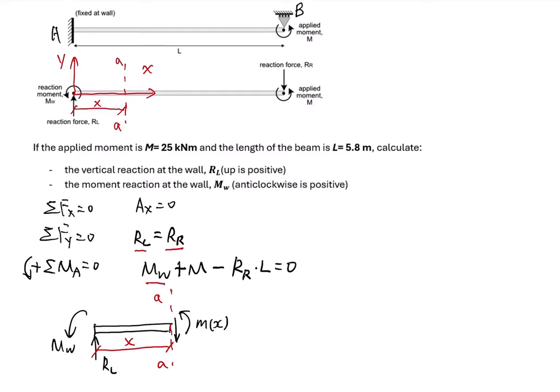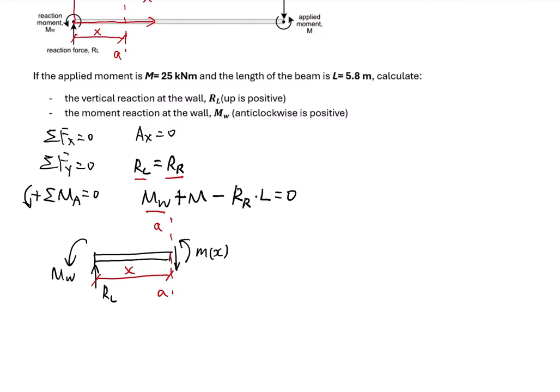Based on this beam segment, we write down the equation of equilibrium of bending moment at section A to A equal to 0. Taking counterclockwise as positive, at section A to A we have the bending moment MW, which is positive, and RL has a bending moment in the clockwise direction, so it's negative.